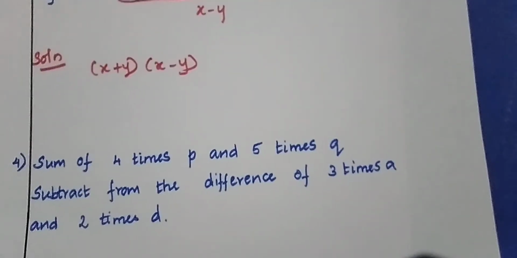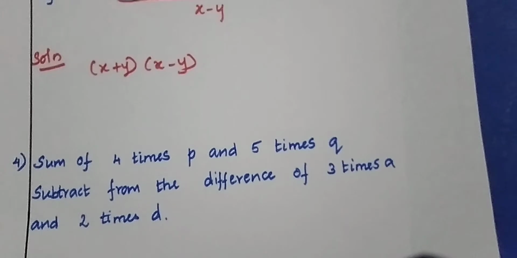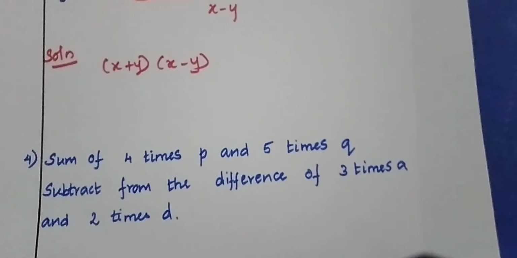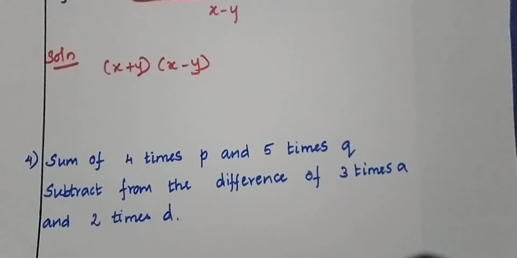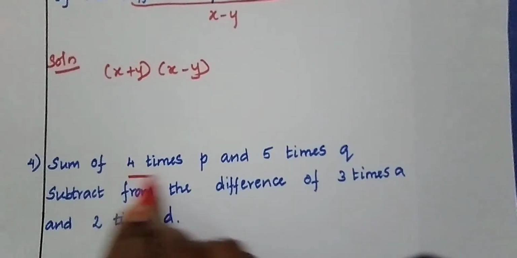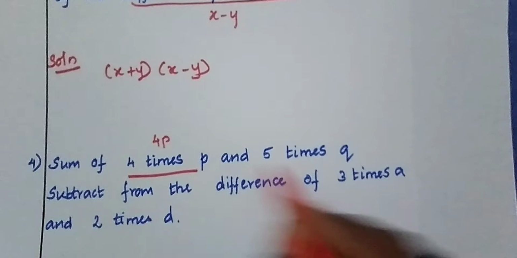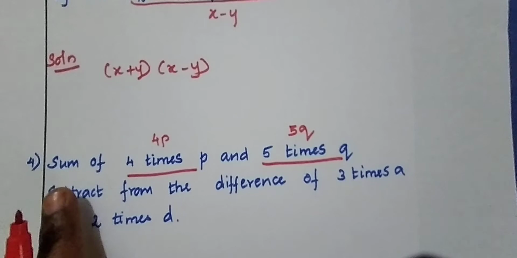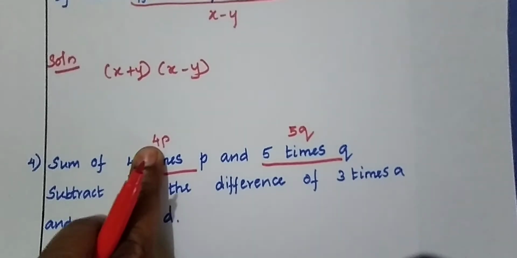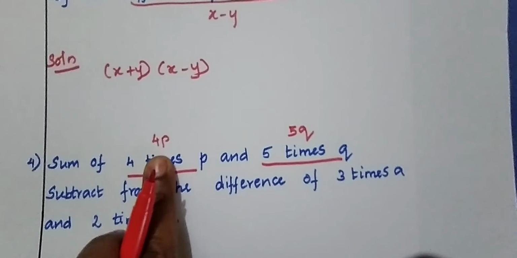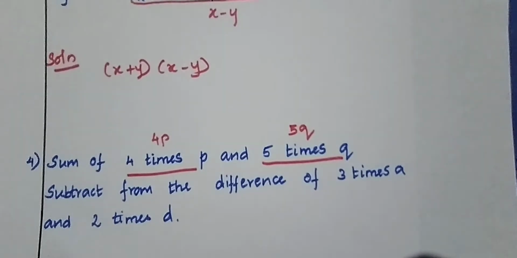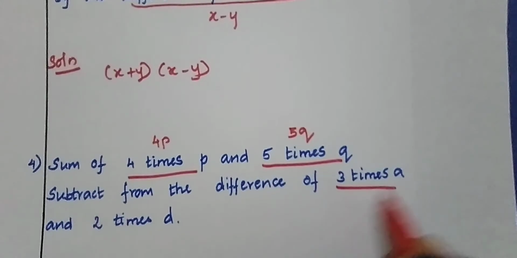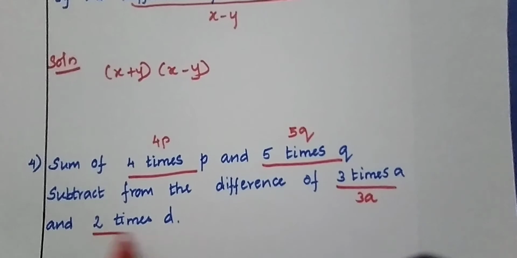Fourth question, sum of 4 times p and 5 times q and subtract from the difference of 3 times a and 2 times d. 4 times p is 4p. 5 times q is 5q. You have to add sum of 4 times p and 5 times q, which means that you have to add 4p + 5q. Next, subtract from the difference of 3 times a is 3a and 2 times d is 2d.